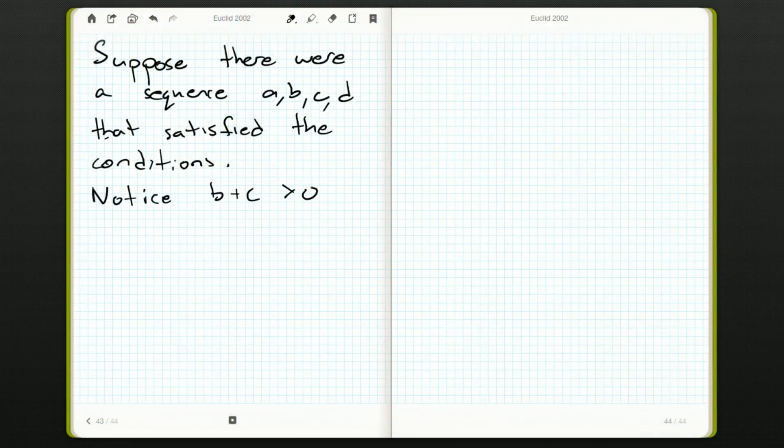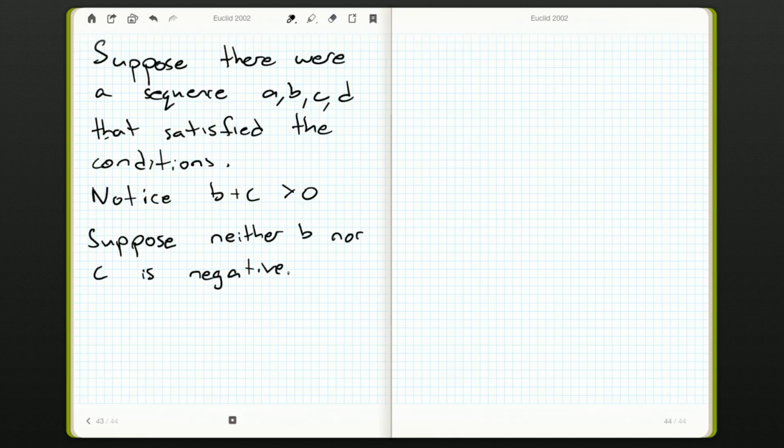So notice B plus C is positive. Now suppose that neither B nor C is negative.